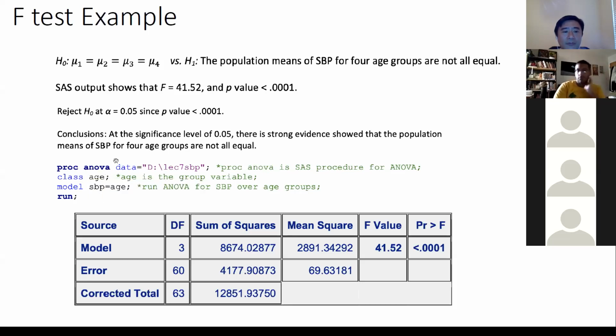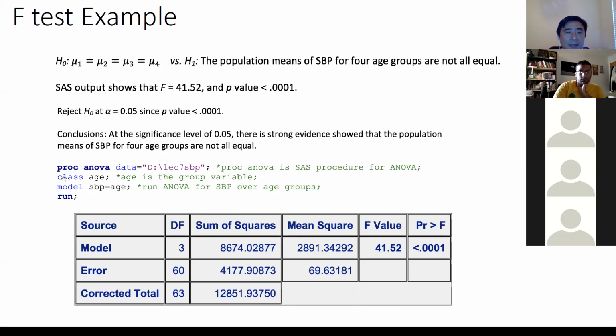You specify the data source, and then you specify the one-way factor, the only one factor, as the class variable. Class variable means you specify this variable as a categorical variable. If you treat it as a continuous variable, you're going to have a different result.